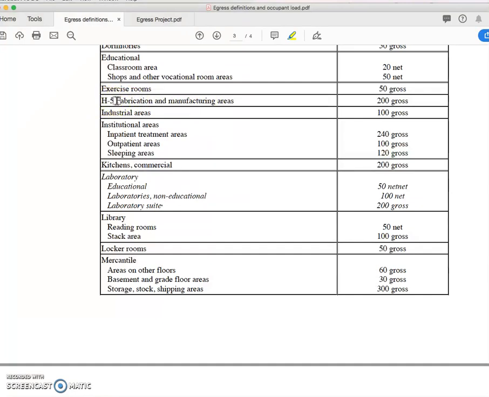That's only used for making of computer chips. So H5 is a place where they make computer chips. So that one doesn't work. It's actually this one, industrial areas, that we should use, which is 100 gross.